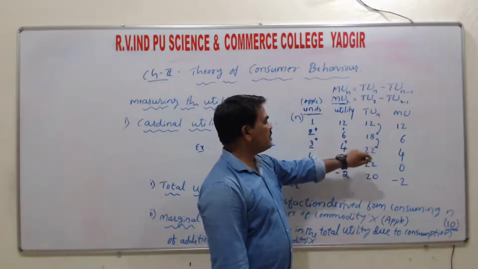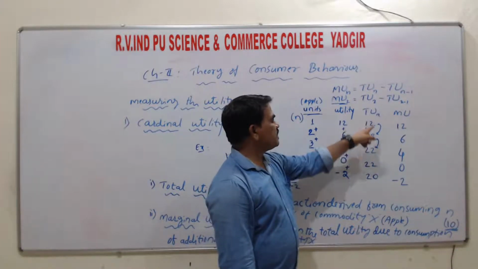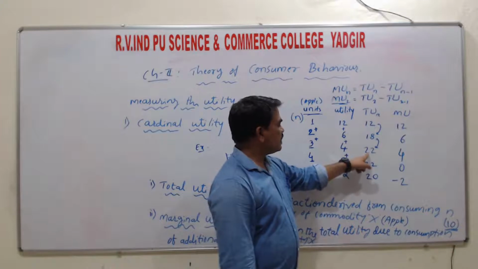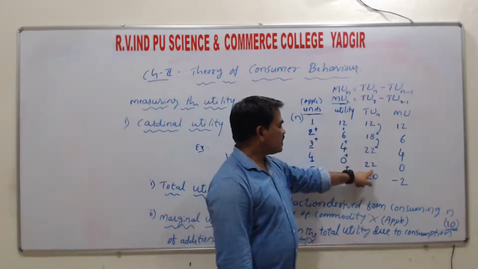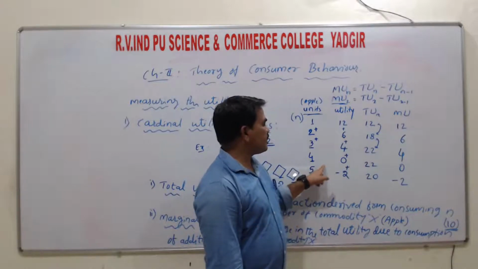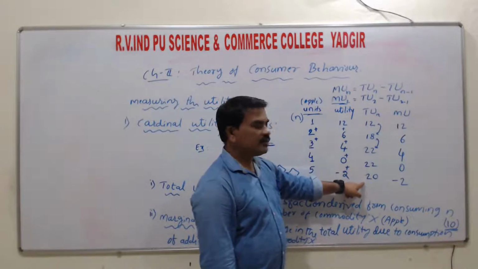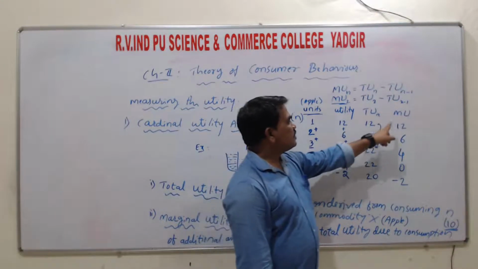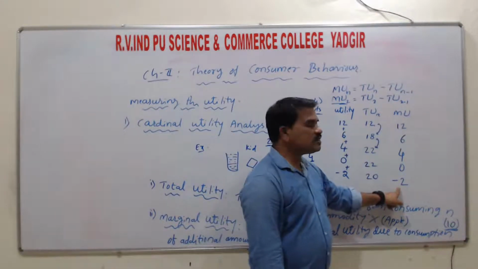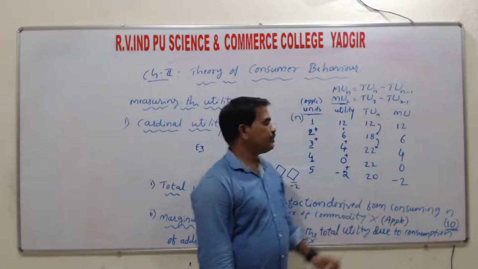If you see the table here, the total utility at the third apple is 22, it remains the same for the fourth apple. After that, it started decreasing. So when this total utility decreases, the marginal utility goes negative.